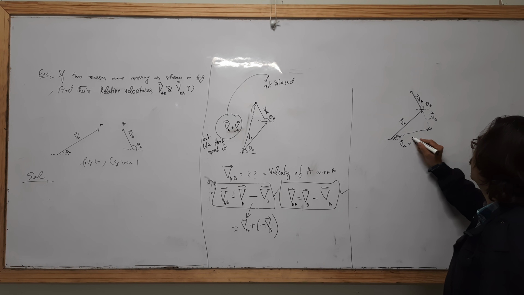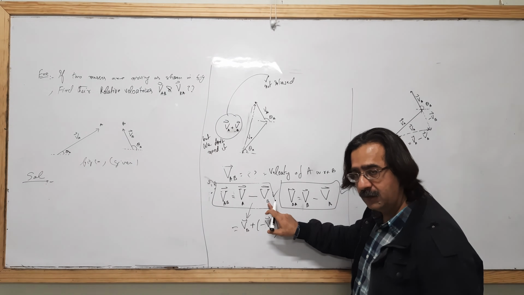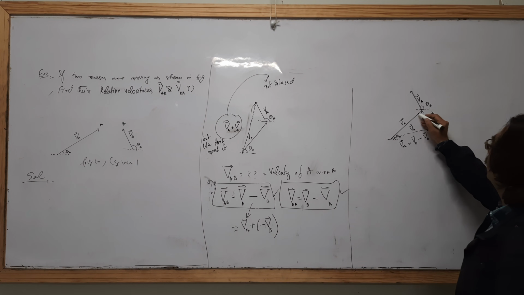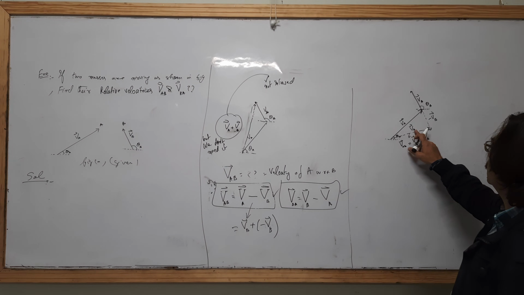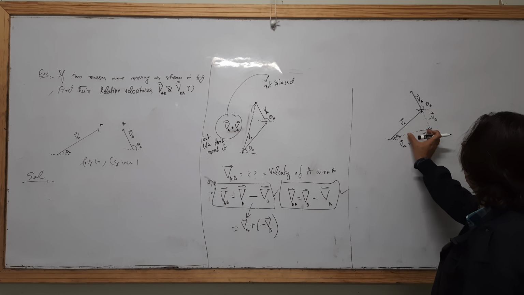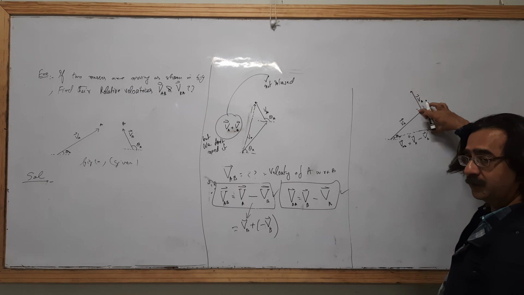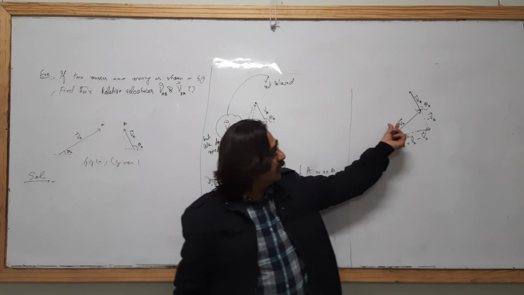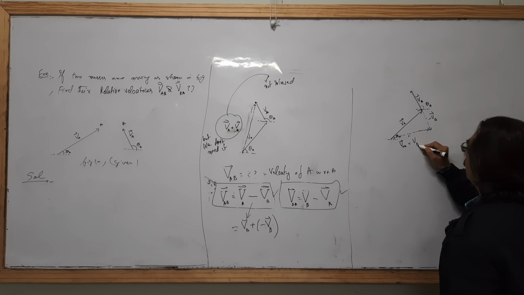The direction of VB is reversed, because for VA we have to subtract VB. Sorry, I wrote it wrongly. This is VA, this is VAB, VA minus VB. Because this is VB, this is minus VB. According to the head and tail rule, this is the resultant of VA plus minus VB.